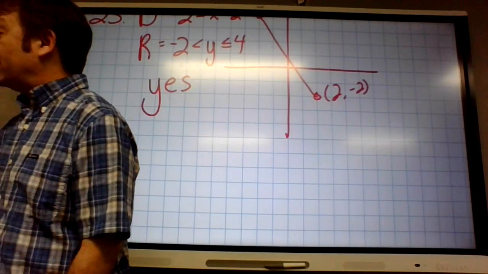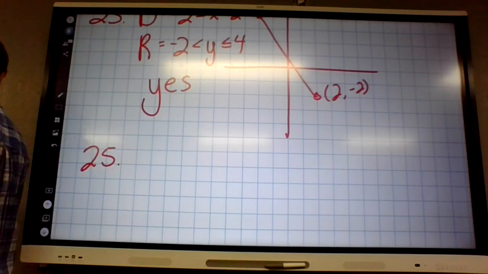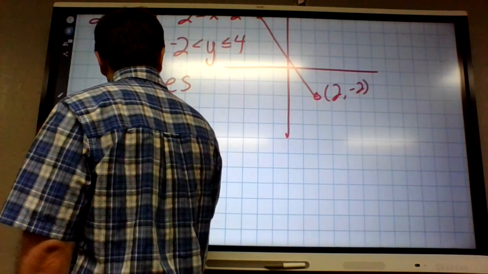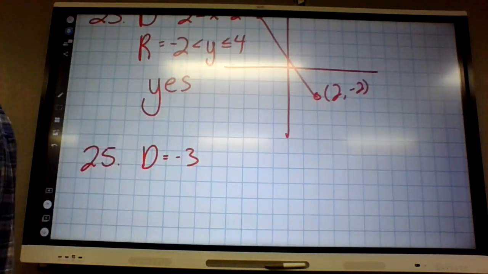Okay, I think we're back to Emily. I'm not going to draw this one. On 25, what is the smallest x value? x is left and right, so negative 3. And so this is the domain. What's the biggest x value? Positive 3.